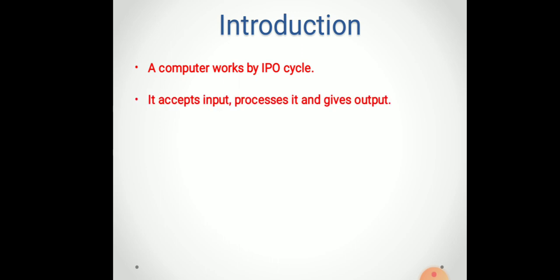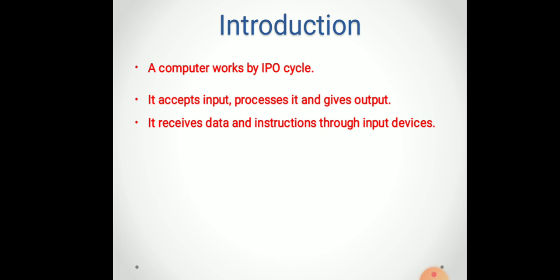So we know computer is an electronic machine and it works according to the IPO cycle, that is input, process, output cycle. It accepts the input from the input devices, processes it and gives the result. The given data are processed in the CPU.